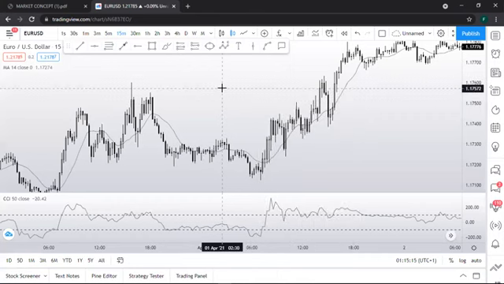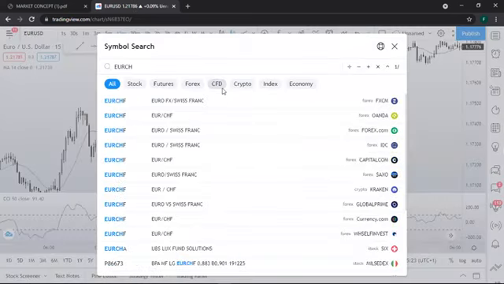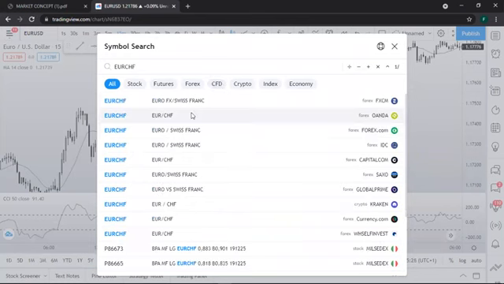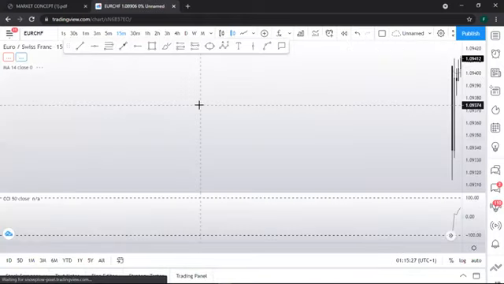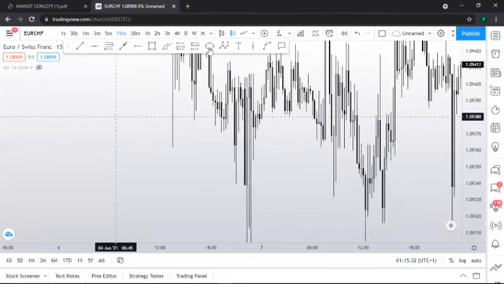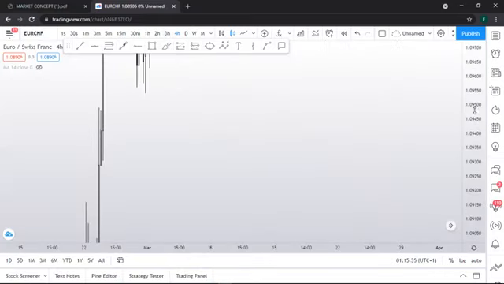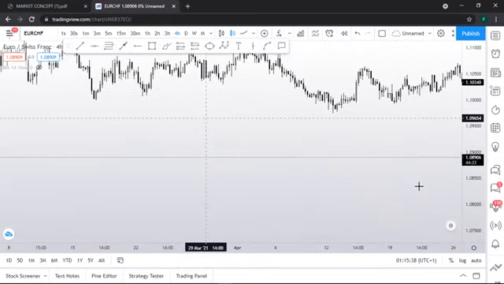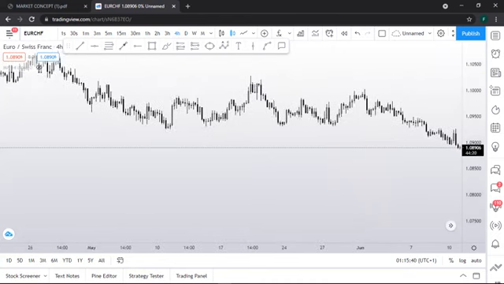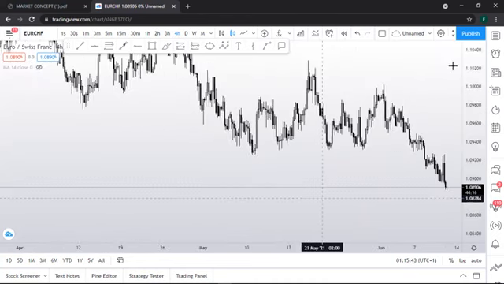So let's see what pair I don't trade much. Euro CHF. I don't even know what this pair is doing, whatever it is. So let's jump right into the 4 hour time frame and try to backtest this sell-off. Now I don't know what this pair is doing, but let's try to see something.